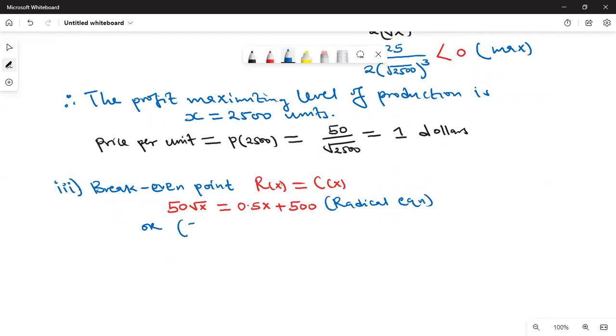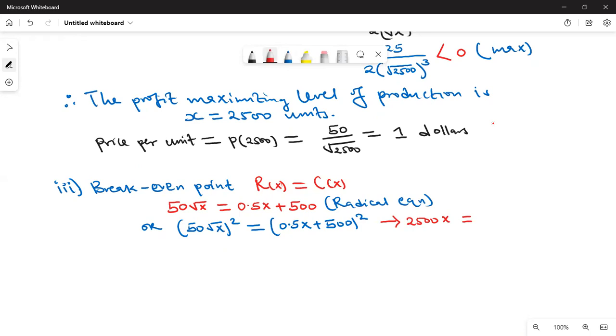So we'll have 50 root x squared. This should be equal to 0.5x plus 500 squared. I'm just solving for x. So when you square 50, you get 2500x.